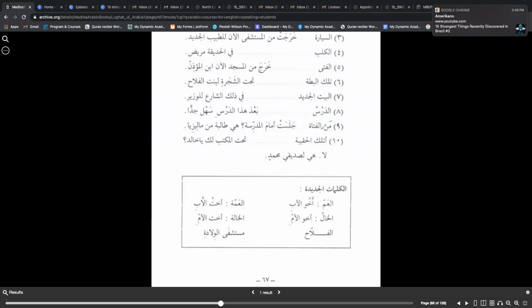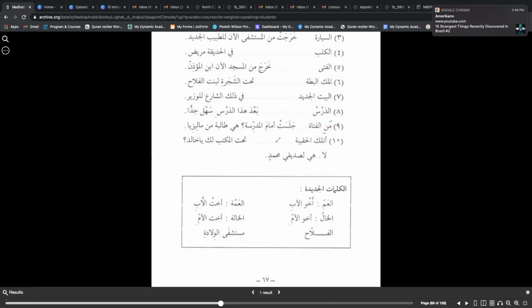When we're connecting it to an alif lam, then for the flow of reading, we give the noon a kasra. Manil fatatul lati jalasat amam al-madrasati. Who is the young girl that sat in front of the school? Hiya talibatun min Malaysia. She is a female student from Malaysia.